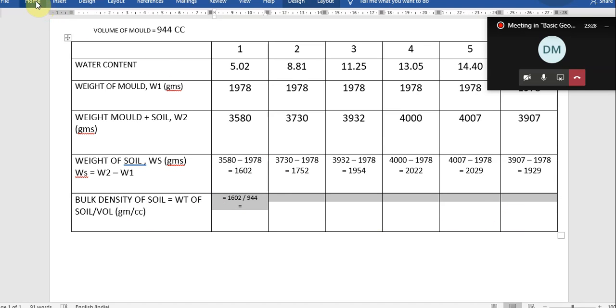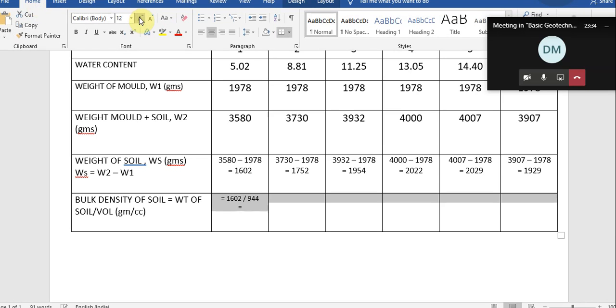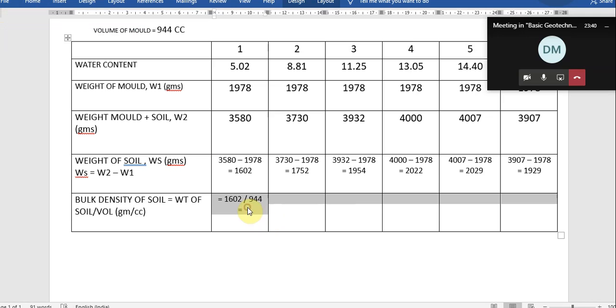Weight of the soil is 1602, volume of the mold is 944. Please tell me the bulk density of the soil.